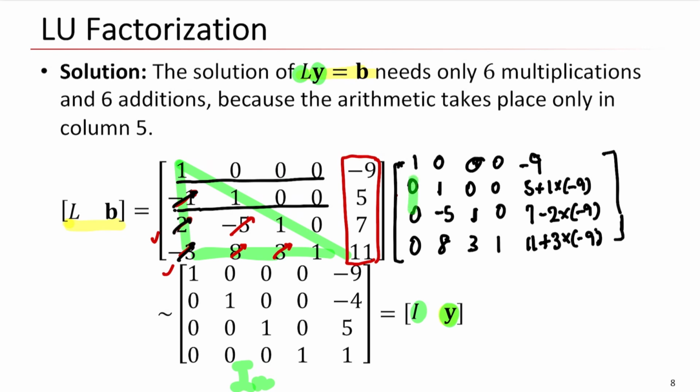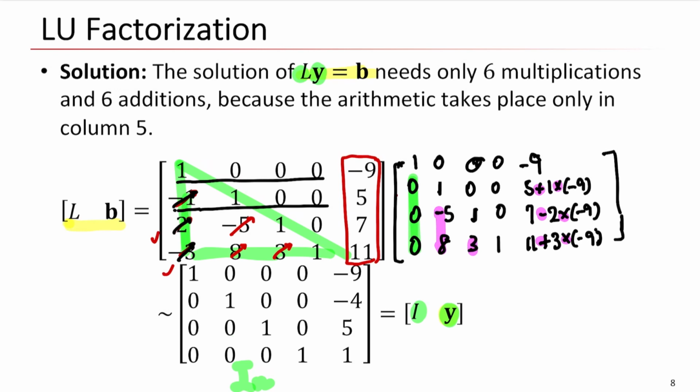specifically, to make this term zeros, there is the 3 multiplication with the 3 addition, right? Then we have to remove this term and this term, right?